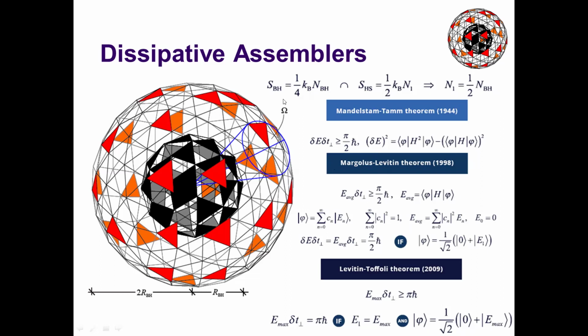What else? From our previous research, we know that the Bekenstein-Hawking entropy of a black hole equals the number of bits of this black hole, the number of Planck areas divided by 4. That's why 4 bits of the black hole provide 1 unit of entropy. We also found out that for any holographic sphere, the entropy of such a sphere is n1, the number of ones, divided by 2.